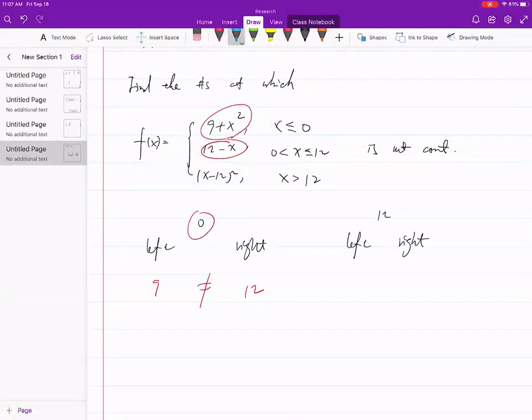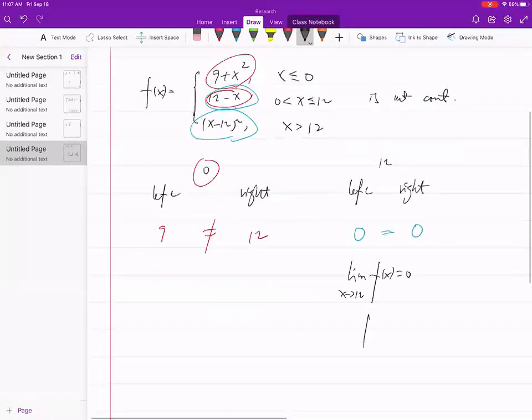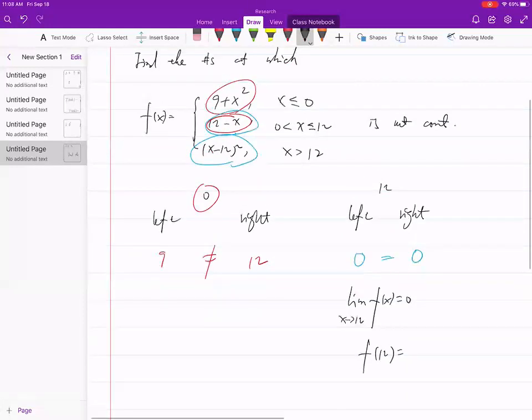So this is not continuous. Okay. Now at 12, you should plug in 12 here on the left, which gives you 0. You should plug in 12 here on the right of 12, which also gives you 0. Are they the same? Therefore, the limit as x goes to 12 of f(x) is 0. Now you just need to check f(12), which means plugging 12 into the function, not the limit.